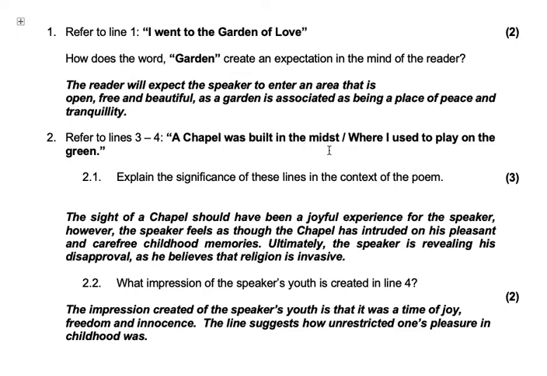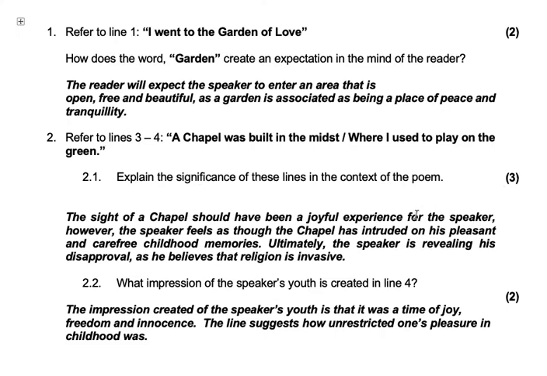Okay, question number 2, right? So here it says refer to lines 3 to 4. A chapel was built in the mist where I used to play on the green. 2.1. Explain the significance of these lines in the context of the poem. Right? 3 marks, 3 points, 3 sentences.